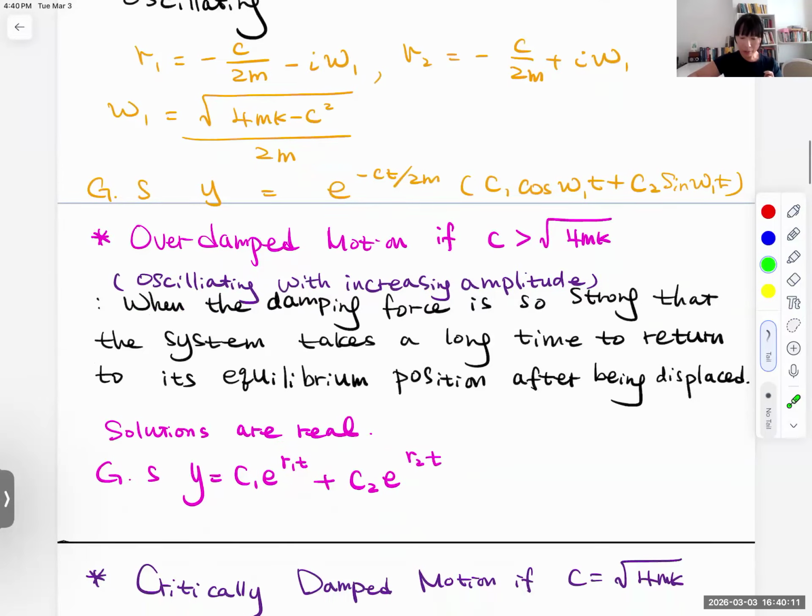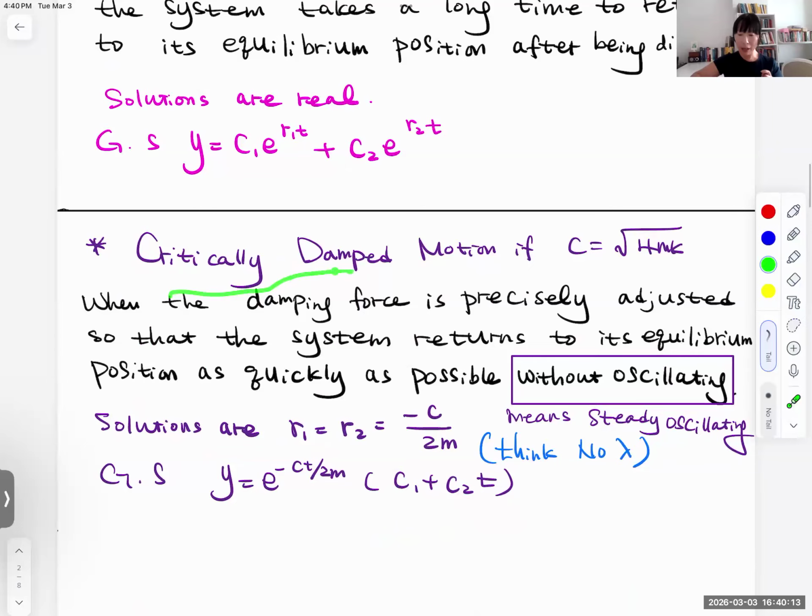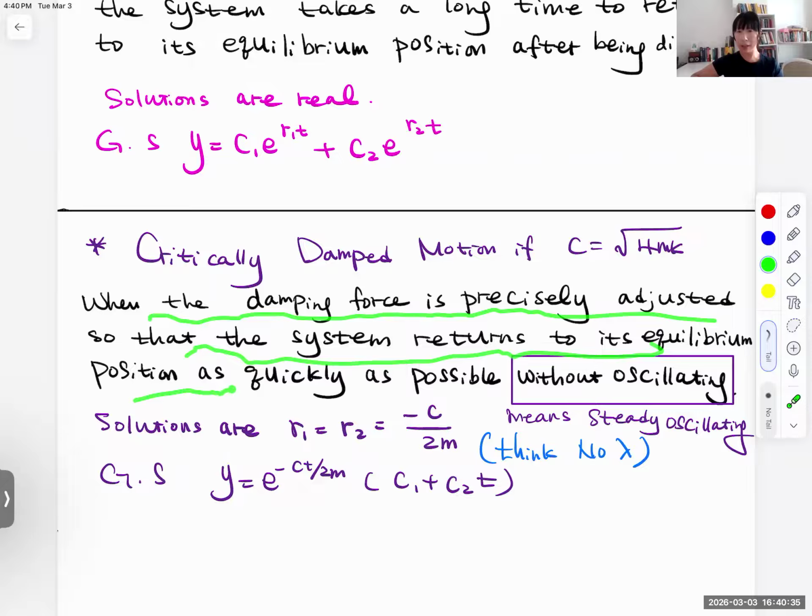Okay, so we have the general solution form like this. Now we have critically damped motion, when c equals the square root of 4 times m times k, right? This means the damping force is precisely adjusted so that the system returns to its equilibrium position as quickly as possible without oscillating, right?